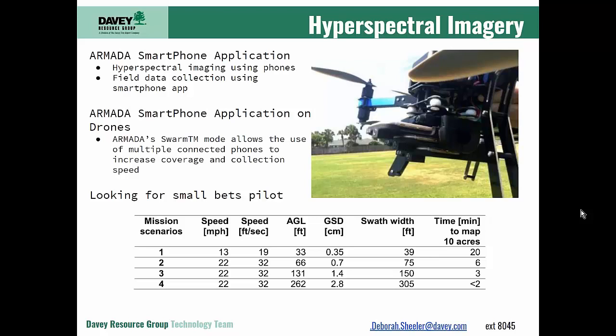What we want to look at going forward is another pilot where we utilize this application with another technology they've also built, Armada swarm mode, which allows us to utilize 3 phones stacked together, as you can see here in the picture, and mounted on a drone, so that you can get more ground coverage versus boots on the ground personnel collecting the imagery. Hopefully we'll be able to fly over specific locations and return conditions of vegetation, poor or stressed vegetation, to identify what type of issues may be occurring, whether it's pest or drought issues.